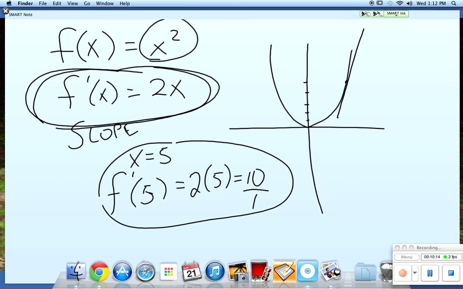If I had to put 2 in here, all right, let's say 2 is right here, f prime of 2 equals 4, up 4 over 1, I'd be looking more like this with the slope at that point, with this tangent line, or the slope of that tangent line at that point. All right? Pretty easy? Good.